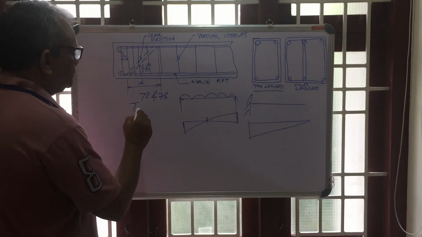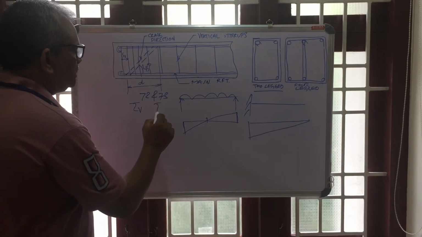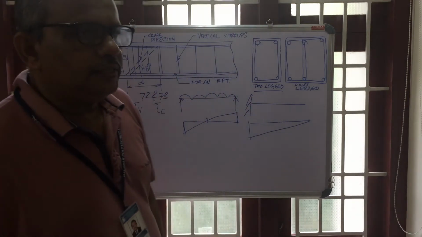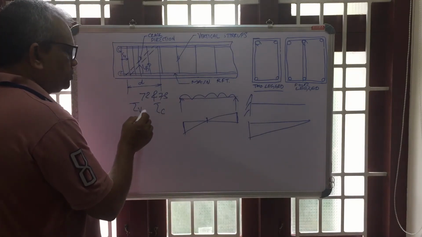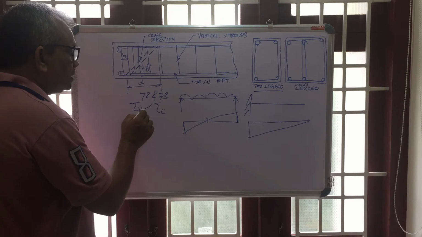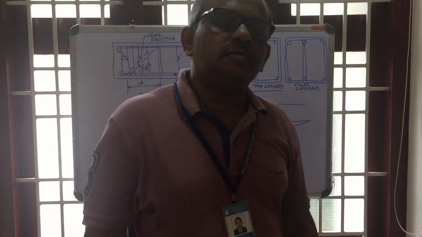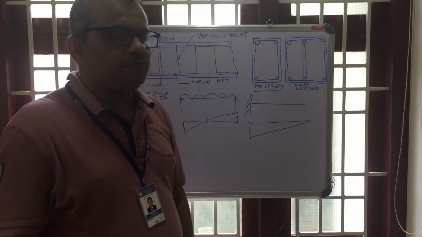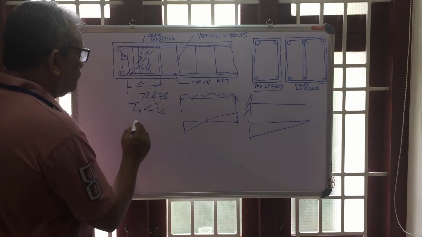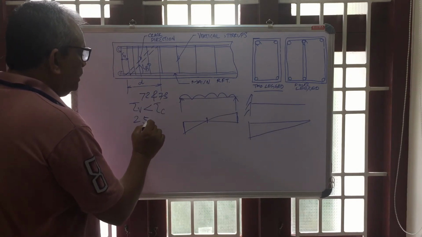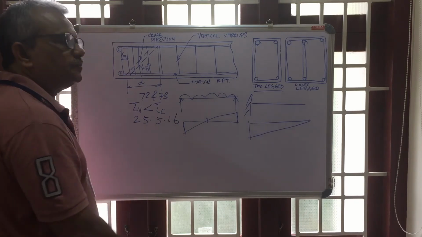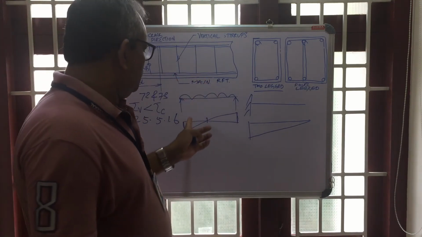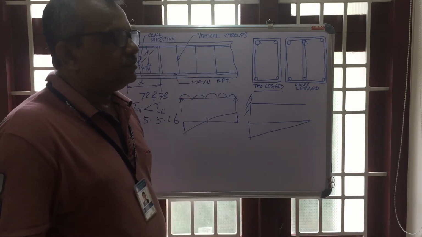See, nominal shear stress is denoted by tau V and design shear stress by tau C. So when the shear is very minimum, we can provide the minimum shear reinforcement or nominal shear reinforcement, right? If tau V is less than tau C, that is, if the nominal shear stress is less than the design shear stress, we can provide the minimum shear reinforcement as per the clause given in the code, say 26.5.1.6. In that clause, the minimum shear reinforcement to be provided, the relation is given, right?